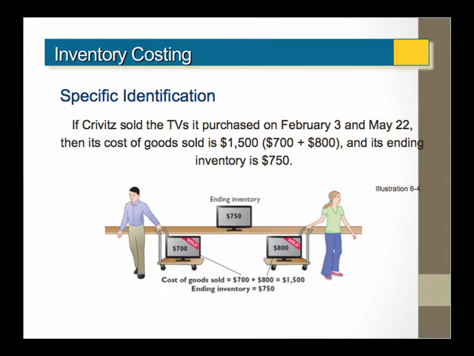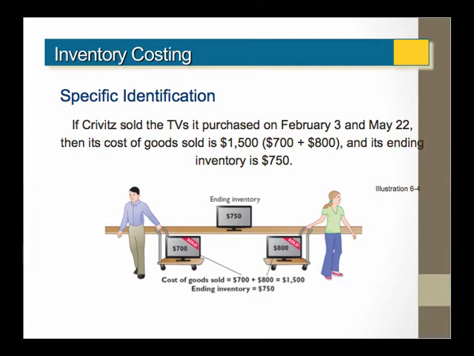So if we use the specific identification method, we would look at each individual TV set and assign the actual purchase price that we paid the seller. When we in turn sell the inventory to our customer, we would assign the cost of the specific TV set as the cost of goods sold.